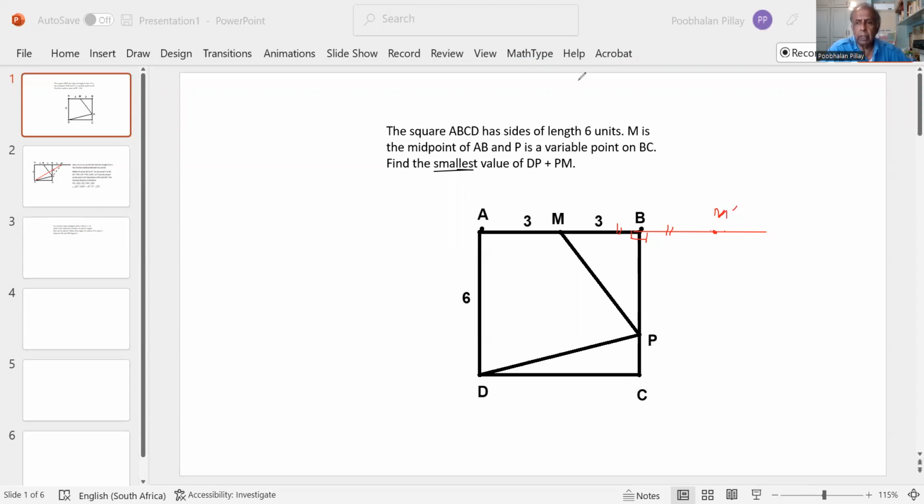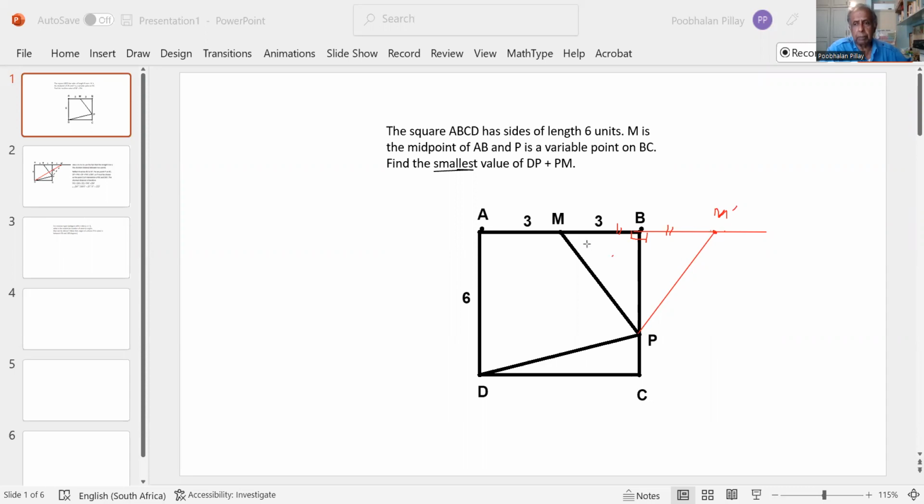So now if I take M prime to be that, then you will see that the line PM prime, if I join these, what I get now is two triangles. And these two triangles are congruent because you've got an angle here. These are equal. This is a common side, right?